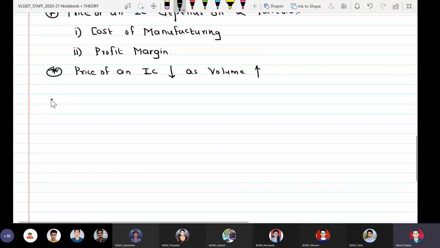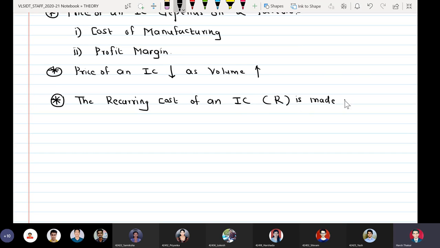And just like we have three components of power dissipation: static power dissipation, dynamic power dissipation, and short circuit power dissipation, similarly understand that the recurring cost of an IC, R, is made up of the components R equal to R package plus R test plus R process.